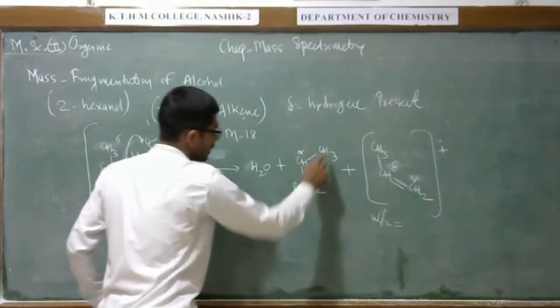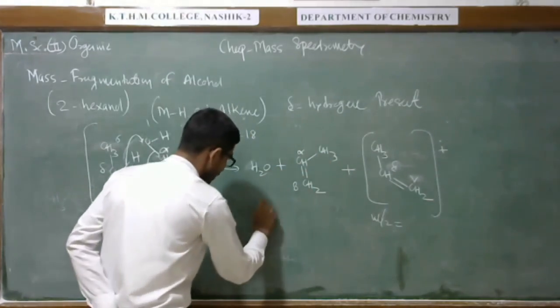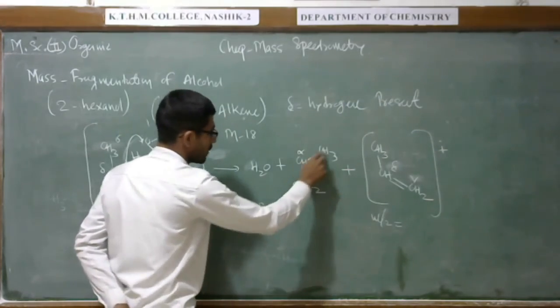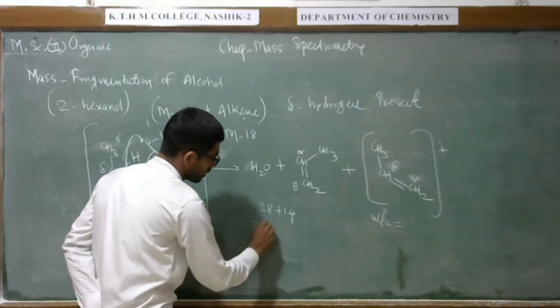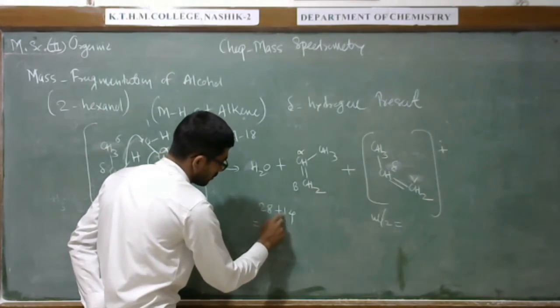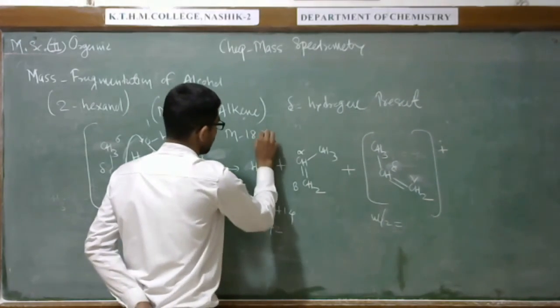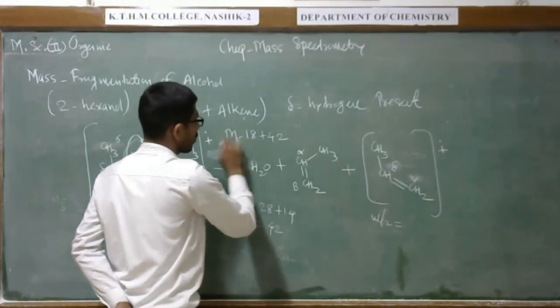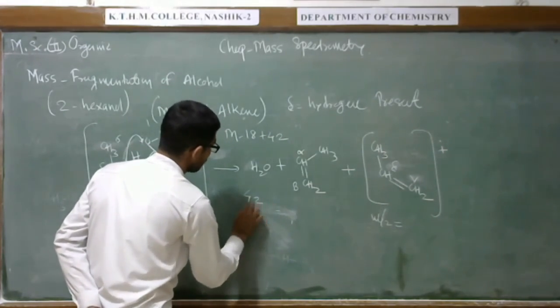Plus this alkene is removed here. For example, we can write 28 plus 14, so 18 plus 28 comes out to be, I think, 42. So 42, overall 42 plus 18.